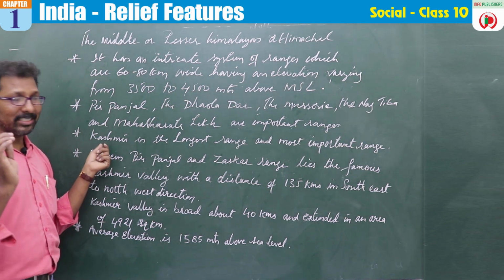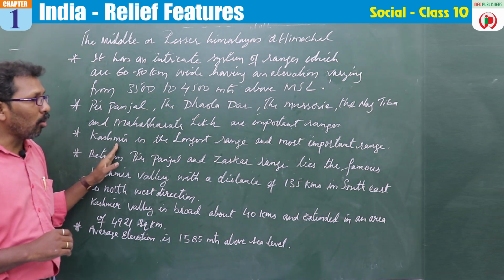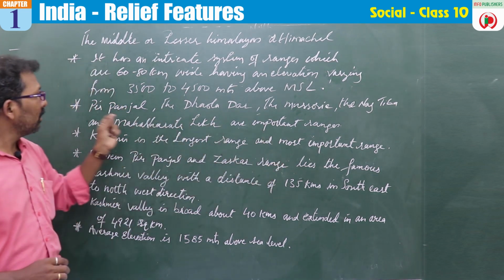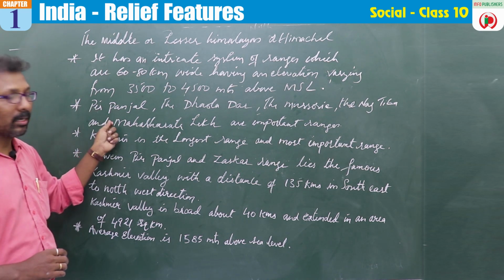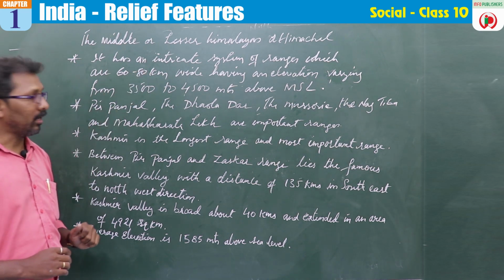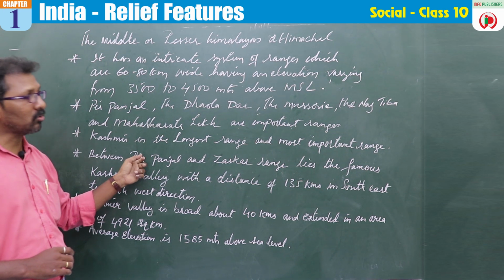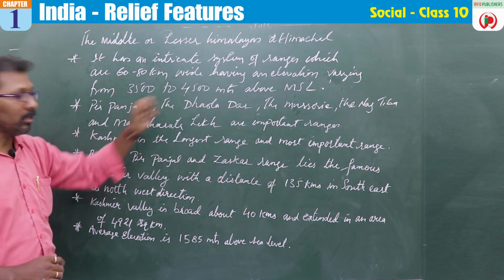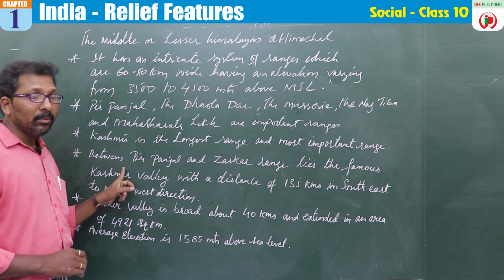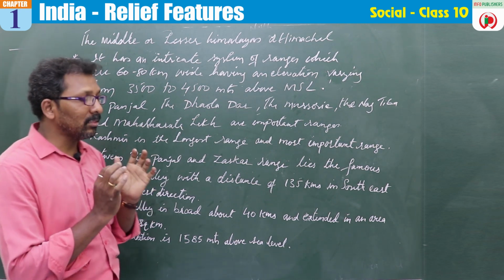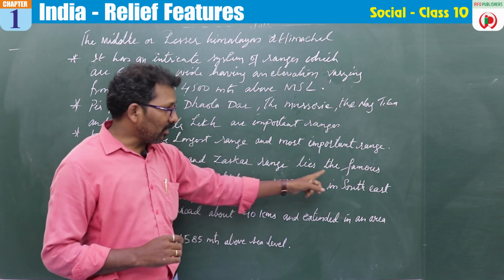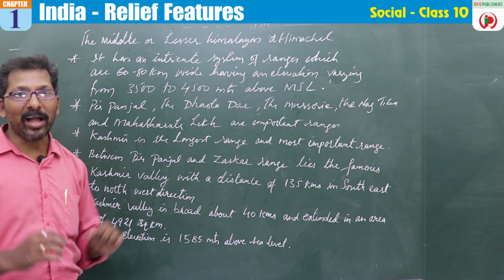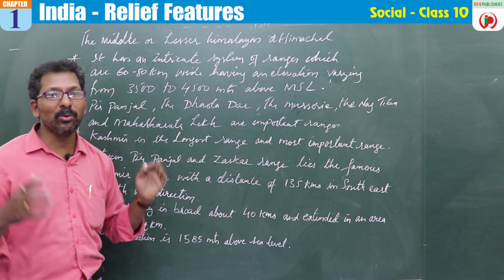Let's talk about the Kashmir ranges. Kashmir is the longest and the most important range present in the lesser Himalayas or the Himachal. Between the Pir Panjal and the Zanskar ranges lies a famous valley called the Kashmir Valley. You might have heard about Kashmir Valley. Many people go there.